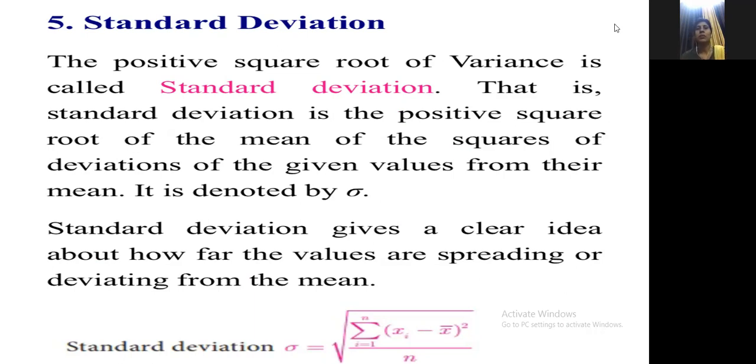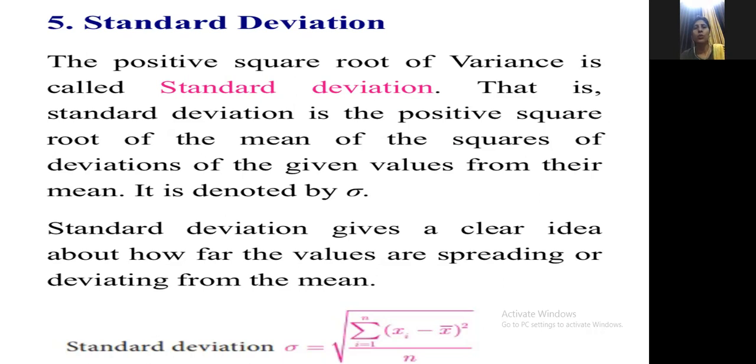In the same manner, standard deviation gives you the in-depth meaning of the variation. So this is the little bit of difference between these different measures of dispersion. So standard deviation is very important, and it is actually the best method among all these to have an in-depth idea regarding the data variation.